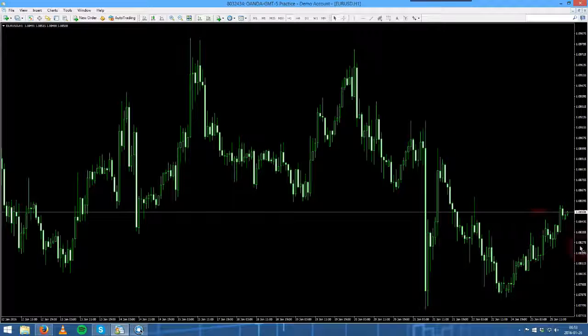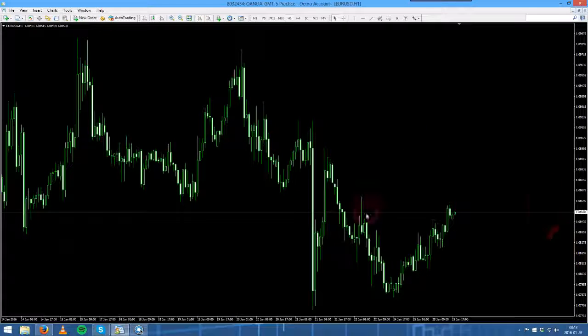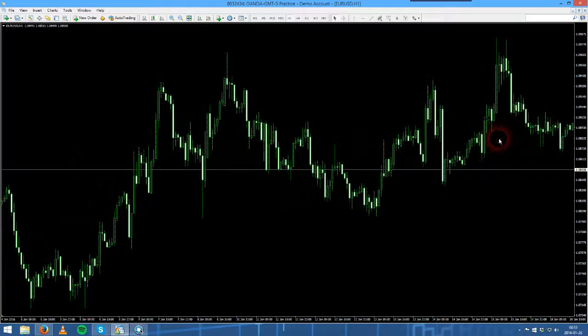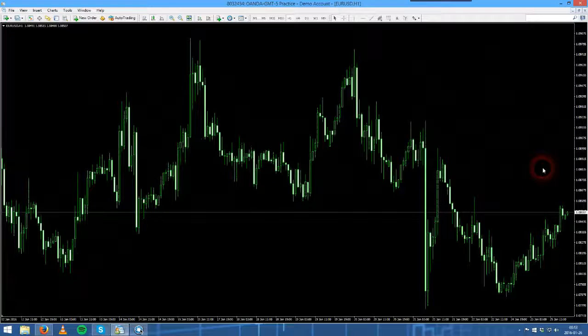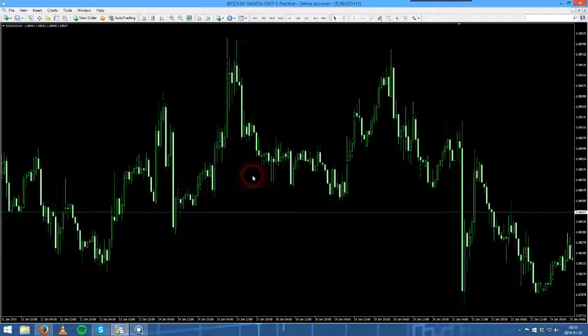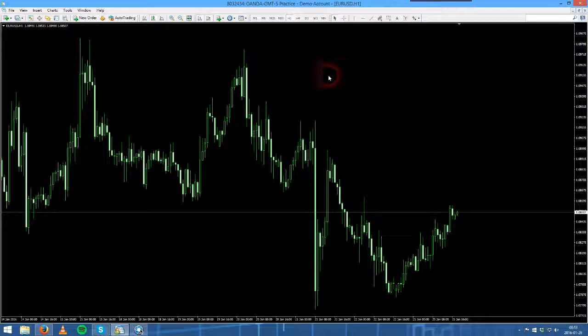What happens is that, look to the right now, the chart automatically jumps. If you deselect both of these, then when the charts update, you're not going to see what's happening. So it's good to have both of them clicked, so you know you're updated and you're seeing the current price and not the history.